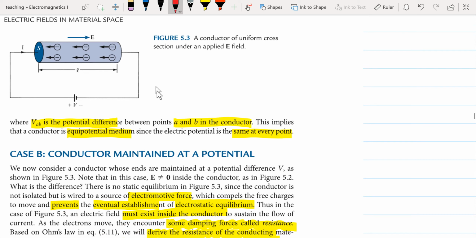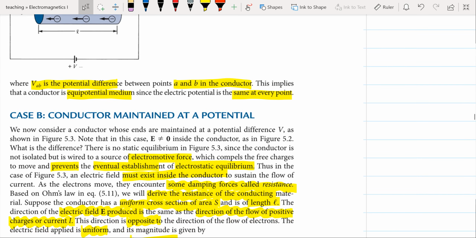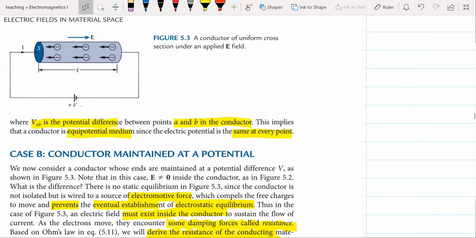So we note that in this case, the electric field strength inside the conductor will not be 0, clearly because this positive is attracting the negatives, and therefore they are not accumulating here, but rather they are getting drawn towards the potential, towards the source.